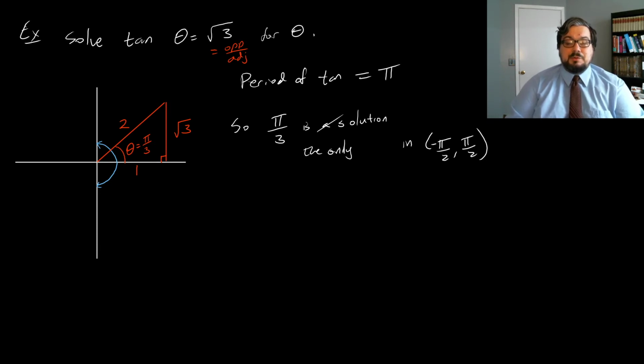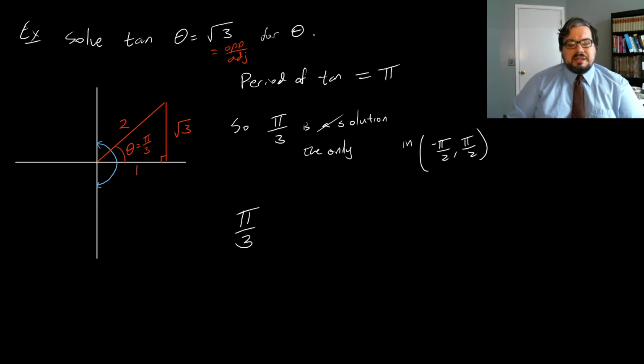That is an interval with a total length of the period of the function. So that means that if we take pi over 3 now and we add pi times n, these are all solutions.